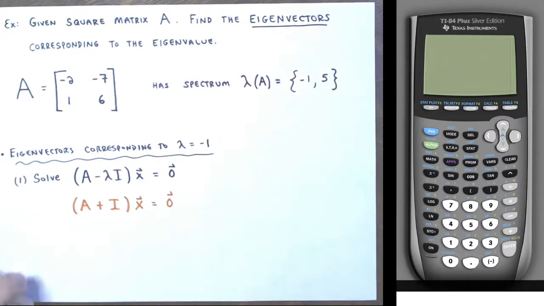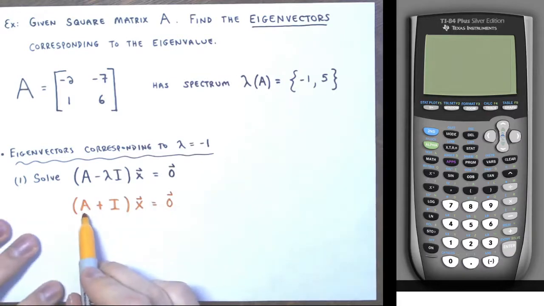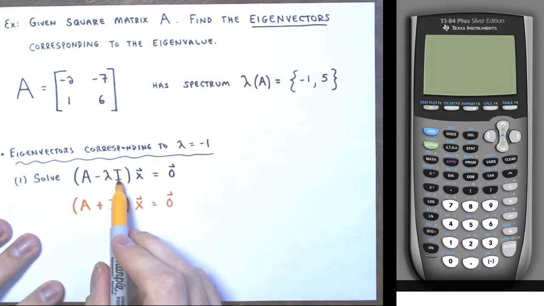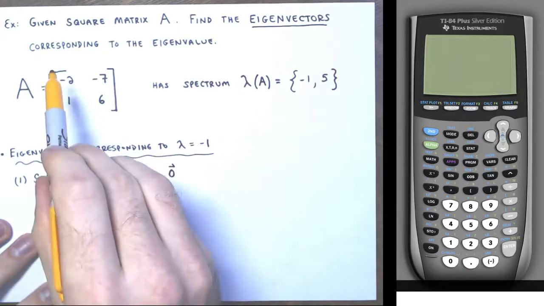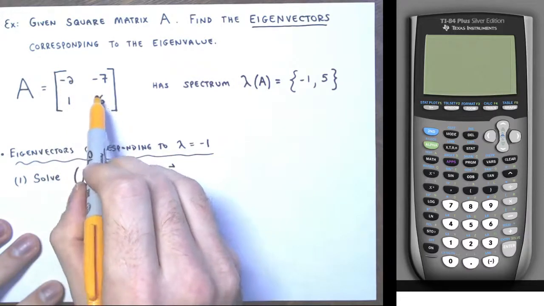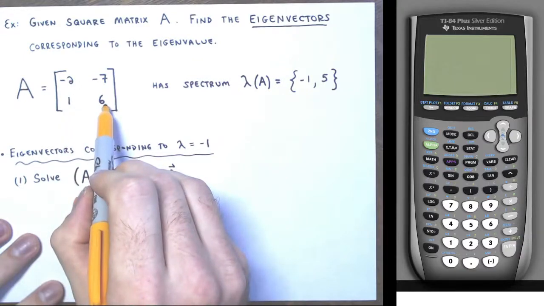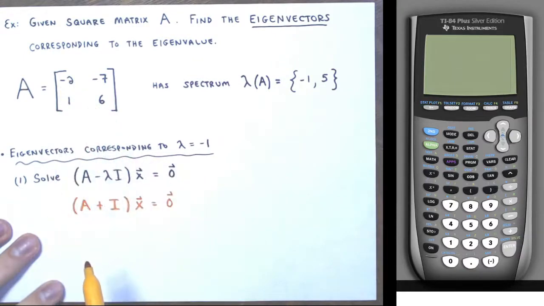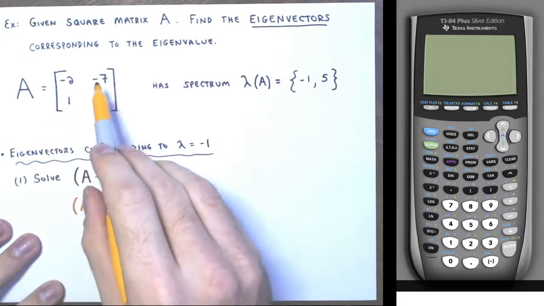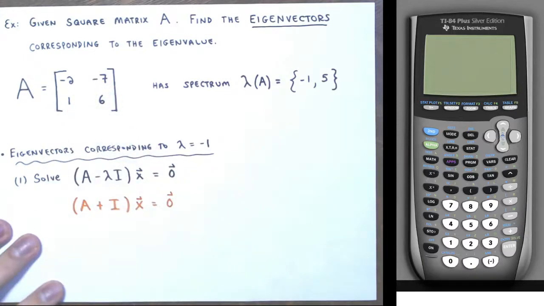And if you want to write these out as matrices, when you subtract lambda I from A, you're simply subtracting whatever lambda is from the main diagonal entries of A. And all the other entries that aren't on the main diagonal stay the way they are.